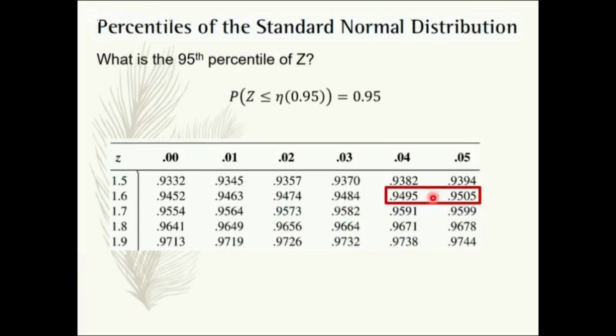If you find the difference between 0.95 and this value, the difference is 0.0005. And the difference between 0.95 and this value is also 0.0005. So 0.95 lies exactly in between two values here, and therefore it's not close to either one of those. So now, which one do we pick?